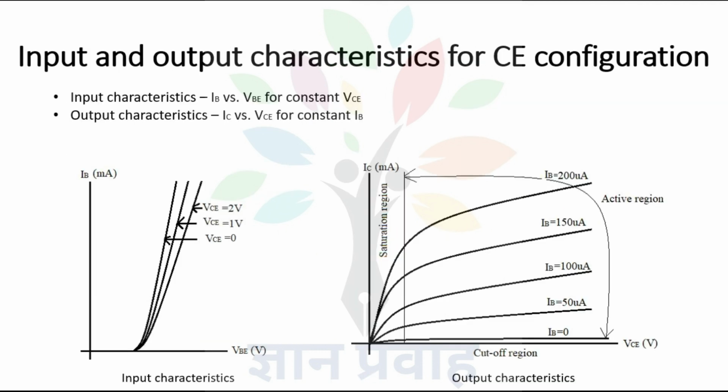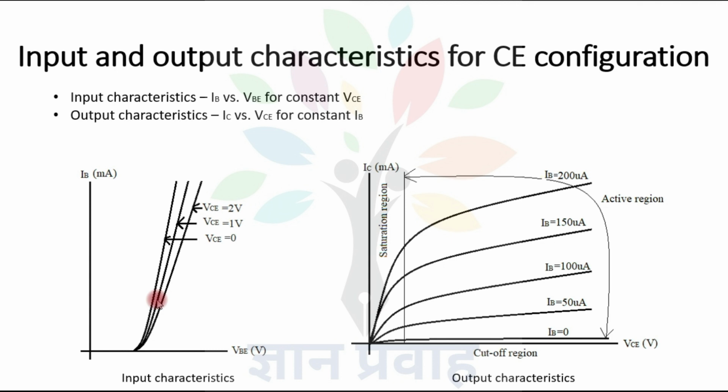Input and output characteristics for CE configuration. So input characteristics showing the plot between IB and VBE for constant VCE, while output characteristics showing the plot between IC and VCE for constant IB. This plot is showing input characteristics for CE configuration.